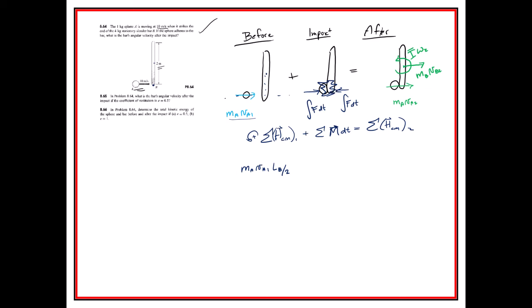Then in the middle diagram there's nothing, because these are equal and opposite. Then on the left-hand side we have the mass of A times the velocity of A2, once again LB over 2.